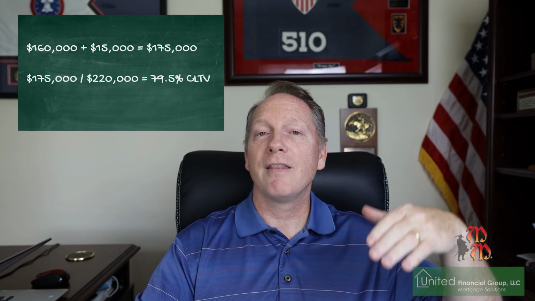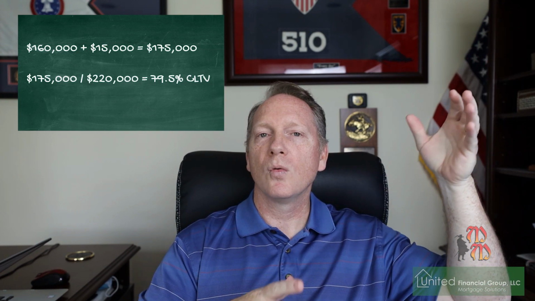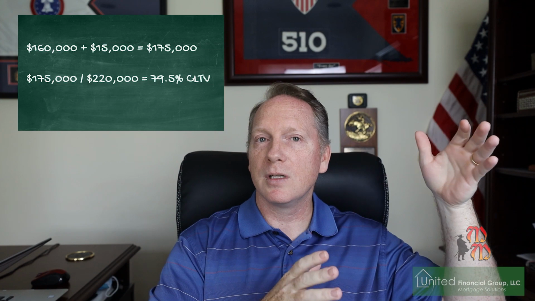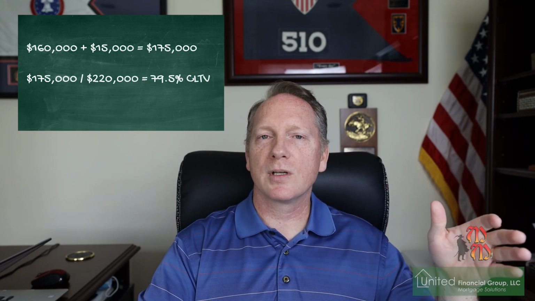You have a combined loan to value, where you have combined loans of $175,000, and let's say again that it had increased to $220,000 in value when you did the appraisal. So you could do a cash out refinance to consolidate those two and have one loan and still have an 80% loan to value and not have any mortgage insurance.